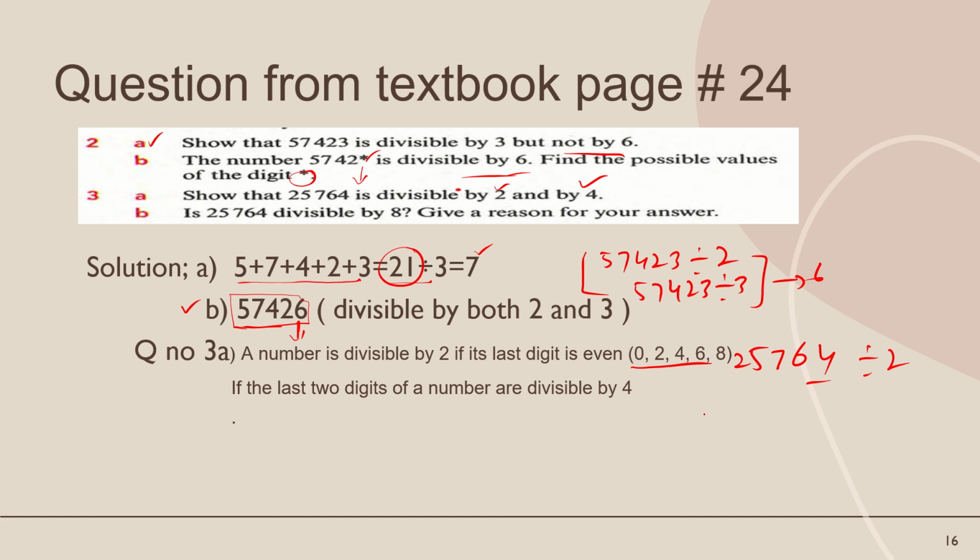Now, can 64 be divided by 4 or not? Check. Okay, 64 divides completely by 4. So 25764 is also divisible by 4, because the last two digits divide completely by 4. So this number is completely divisible by 2 as well as 4.